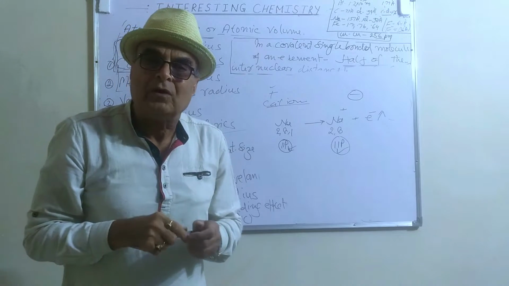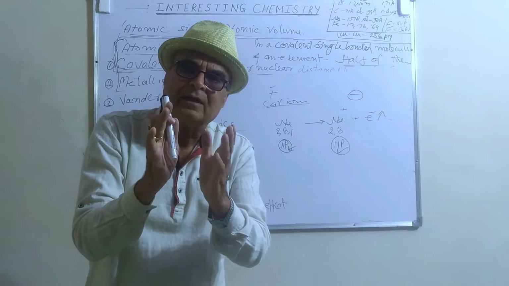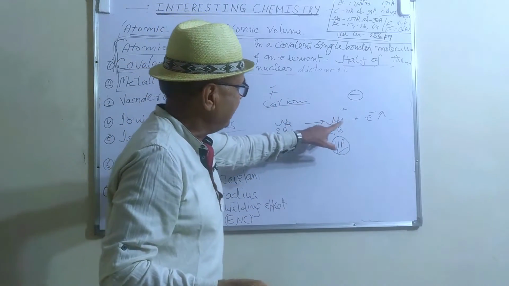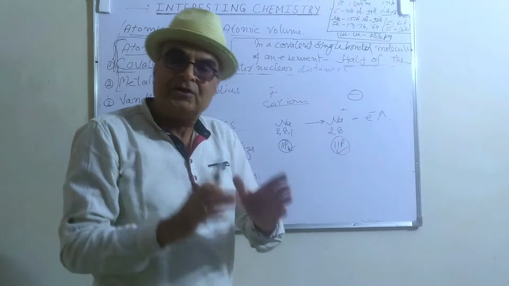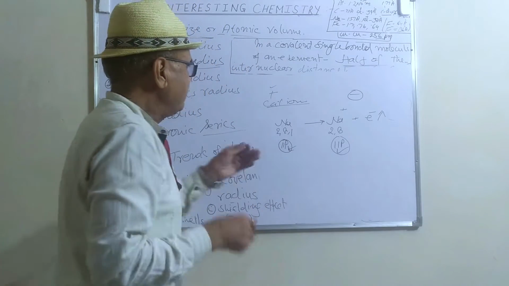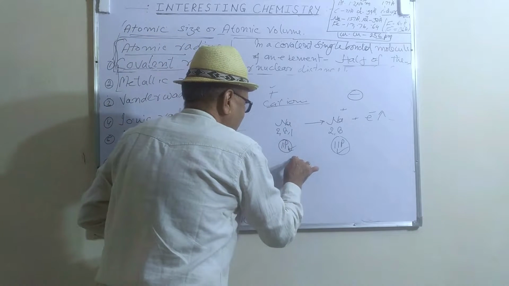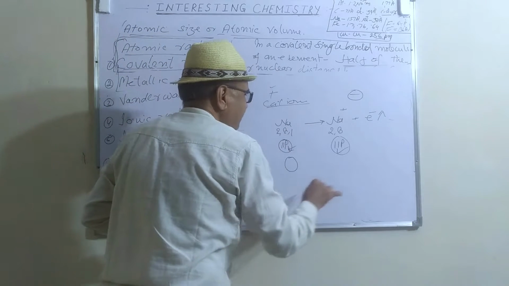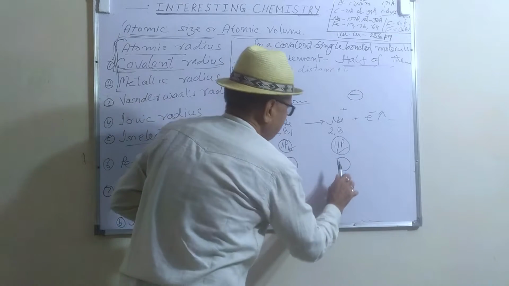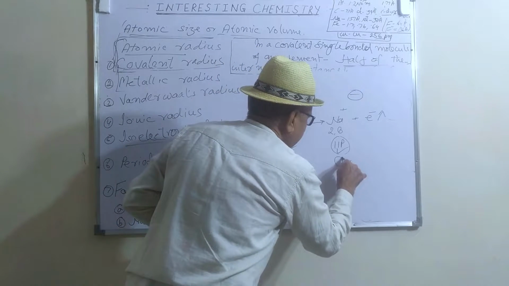So now compare the size of the atom and its cation. Try to understand. The size of the atom will be bigger than the size of the cation.